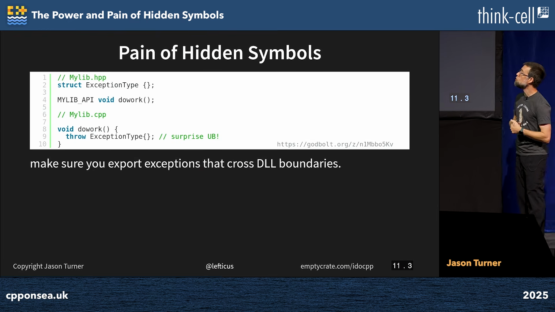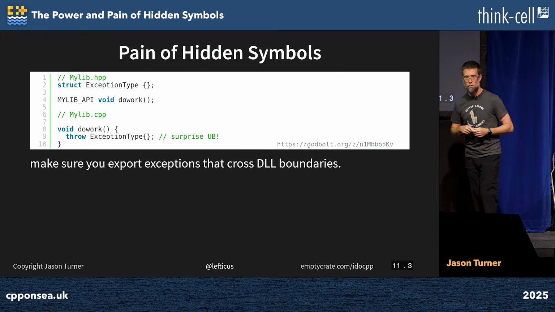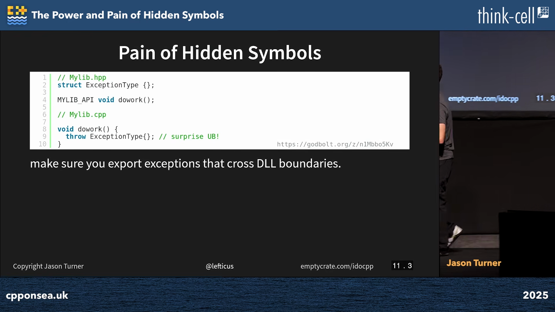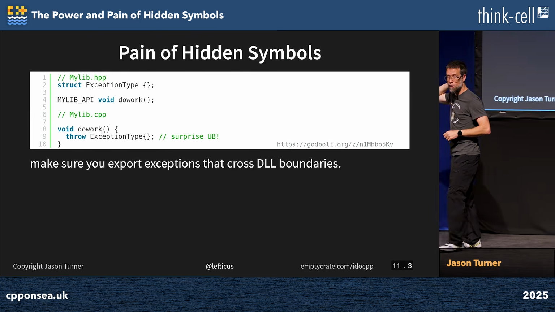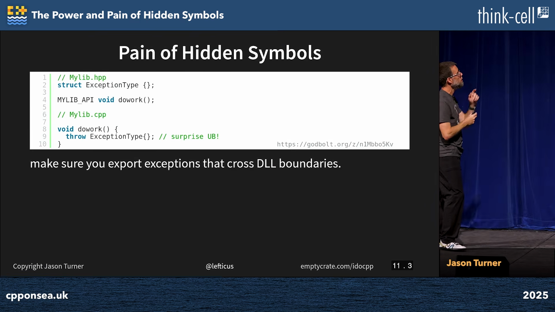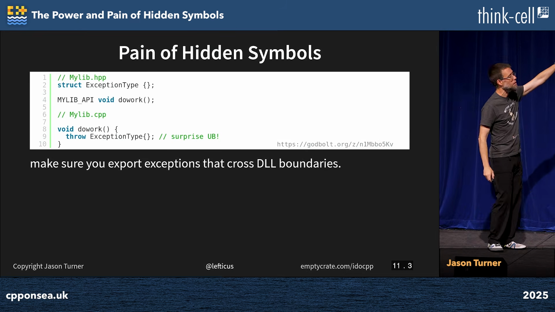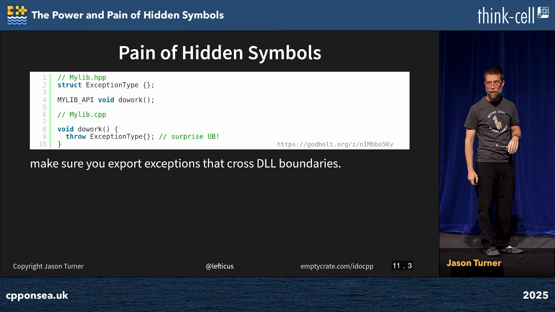Make sure that you export the hidden dependencies. So if I have some sort of custom exception type, like on line 2 here, and then I throw that exception type from my exported symbol, that's bad. Don't do that.